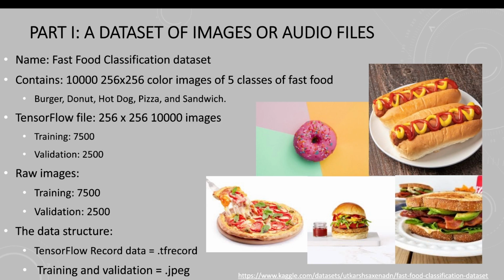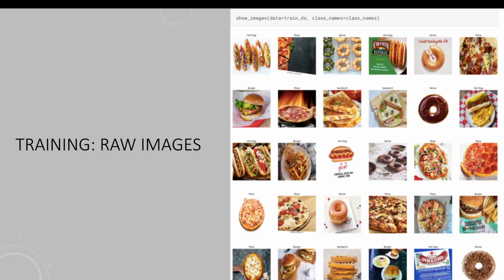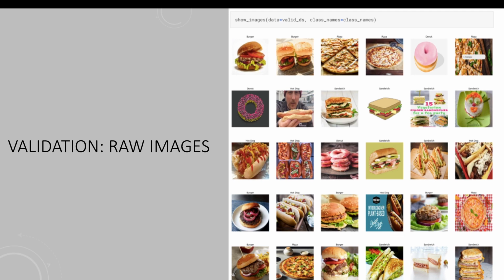But in the second part, we have the raw images that are divided into training 7500 and validation 2500. In the raw images, the data structure is JPEG. This is an example of the training dataset. This is an example of an image in the validation dataset.